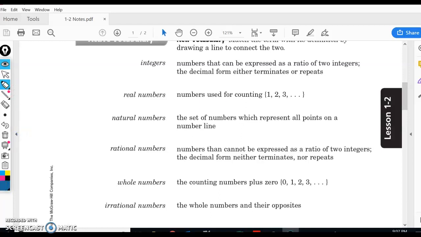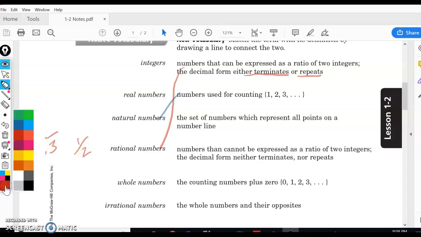So I know numbers used for counting are natural numbers, that goes there. Numbers that could be expressed as a ratio of two integers where they either terminate or repeat with the bar on top, those are rational. So any number like a fraction or a decimal that repeats are rational.